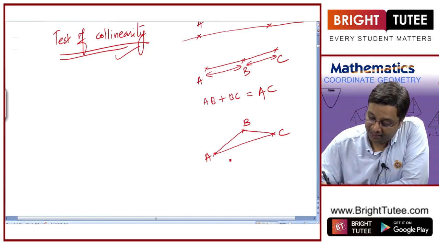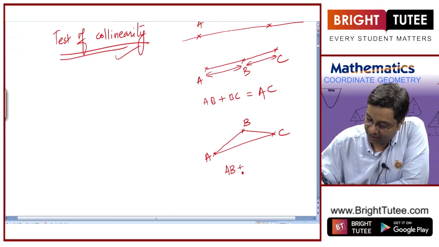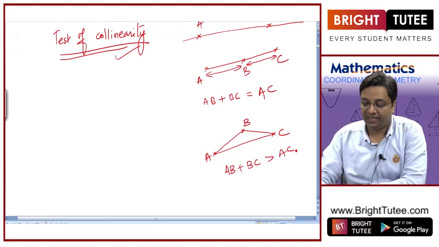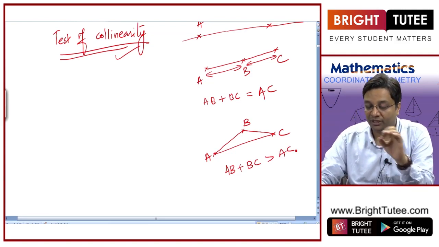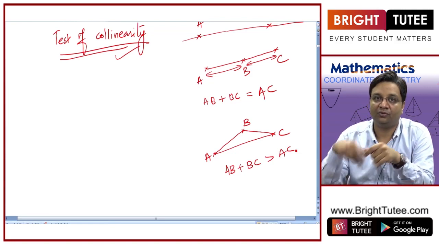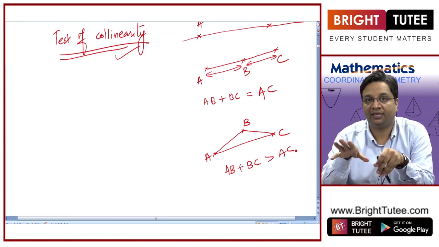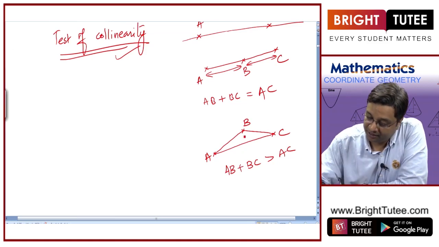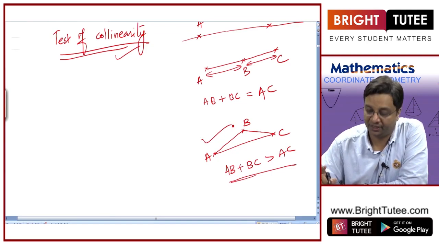And in any triangle, the sum of the lengths of any two sides is greater than the third side. AB plus BC is greater than AC. Only then can you form a triangle. So in this case, these 3 points are not collinear.